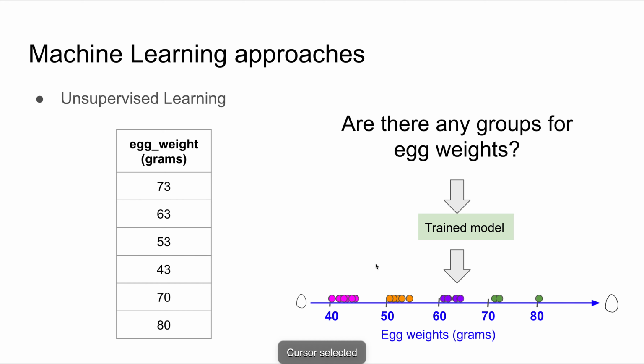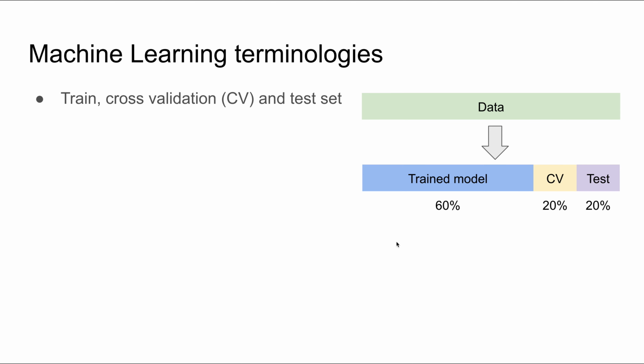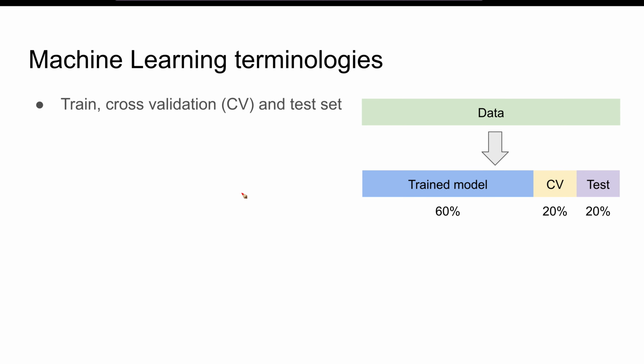Now moving on, let's look at some of the terminologies that you'll commonly hear in machine learning. The very first one that we have here is a train, cross-validation, and test data set.